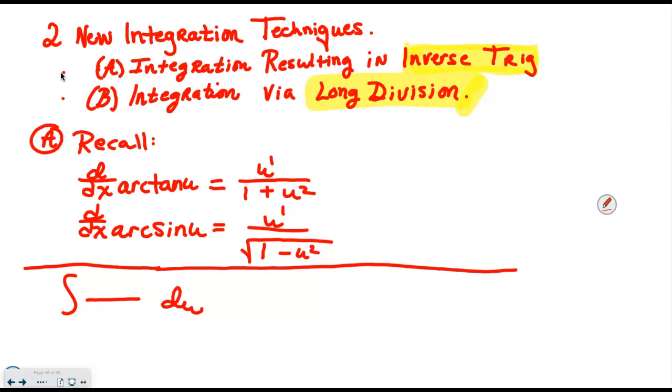So if I were to take my u prime and write it as du, don't write this down yet, because I'm going to tweak one thing on here. What would this have to be? Arctan u, correct? If arctan u is 1 over 1 plus u squared du, then if I integrate this, wouldn't I get arctan u? Yes, that's pretty obvious.